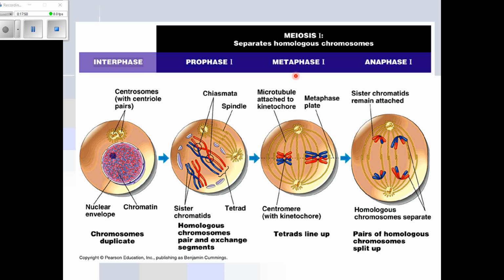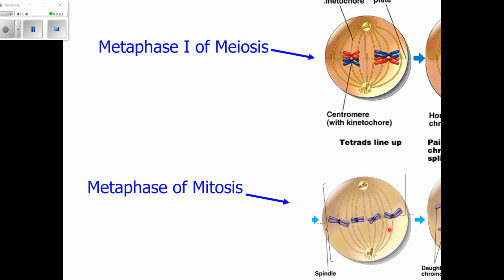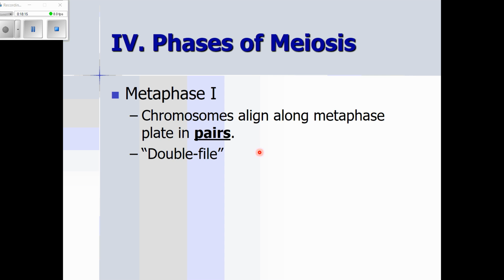So when they line up in metaphase 1, they line up double file. So the chromosomes line up along the metaphase plate. That's just a fancy term for the equator of the cell. But how do they line up? In pairs. Double file instead of single file the way they did in mitotic metaphase.